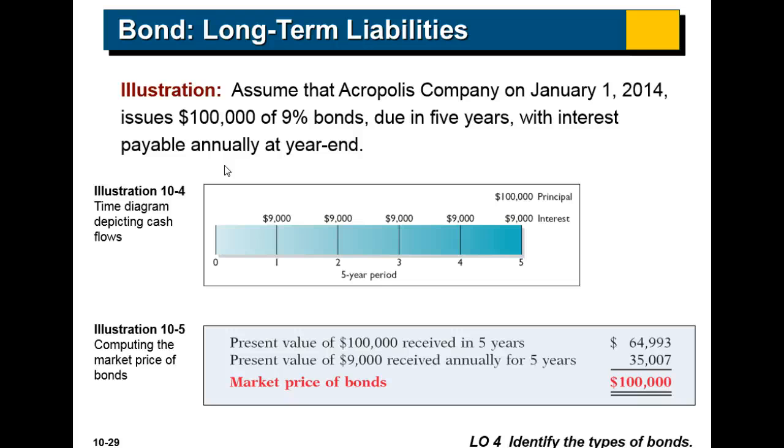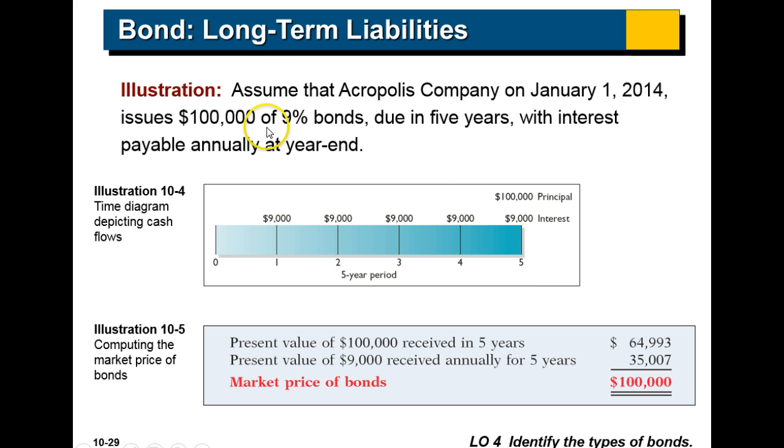Assume that Acropolis Company on January 1st of 2014 issues $100,000 9% bonds. They're due in 5 years with interest payable annually at the year end. So not semi-annually, just annually at the year end. So what we show here is it's a 5-year period, okay?